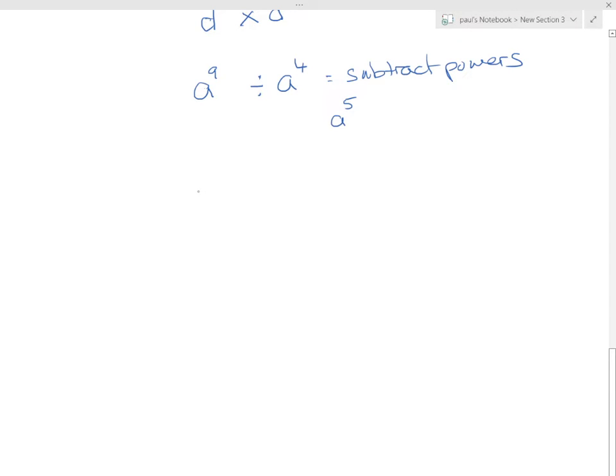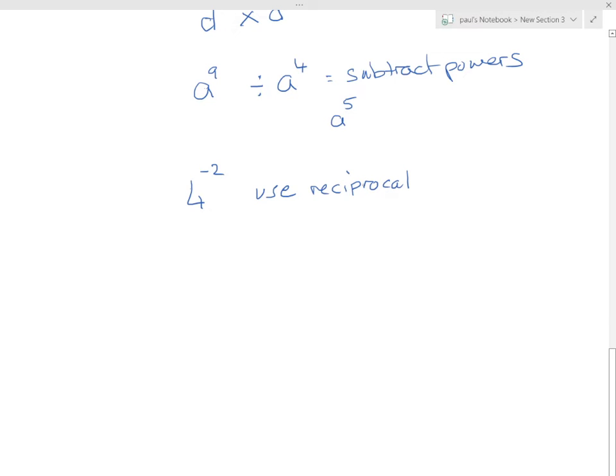Another little rule of powers is what happens if you get a negative number. So say you've got 4 to the minus 2. What you do here is you use the reciprocal.